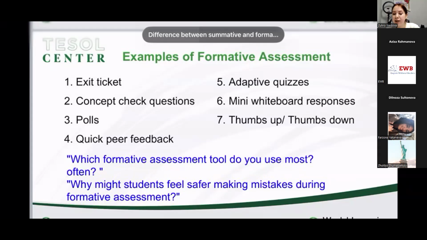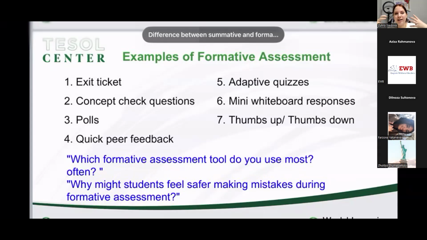students feel safer because it is not graded. And I think that this is a great point because grades put a lot of stress on students' shoulders, right? Because grades affect their final scores, grades affect those final school certificates, and then after that, they can even affect their graduation, entrance to some universities.